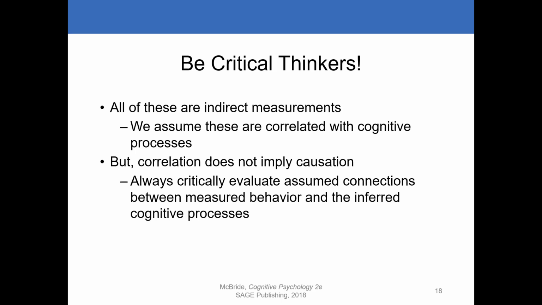But correlation does not always imply causation. We evaluate assumed connections between measured behavior and inferred cognitive processes. That's what we do in the cognitive sciences. So I always want to tell individuals to be cautious whenever you're interpreting brain imaging studies.